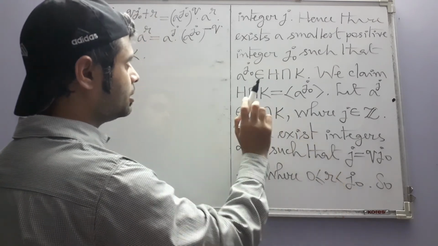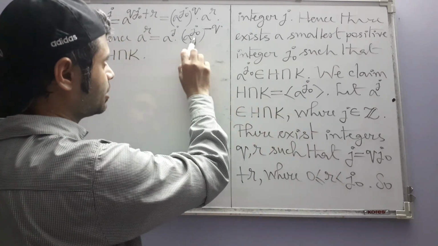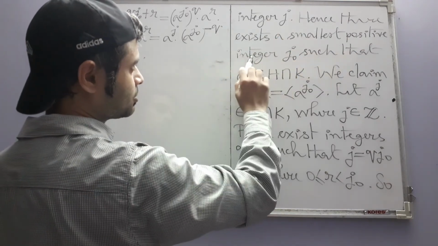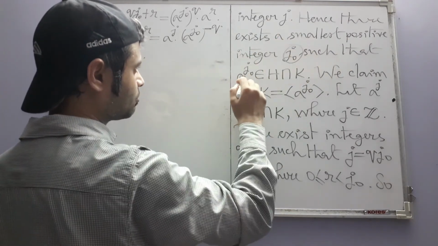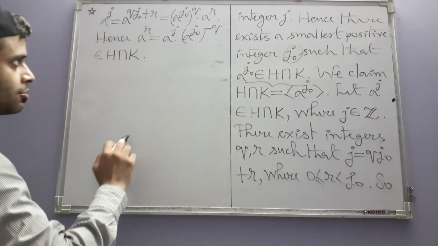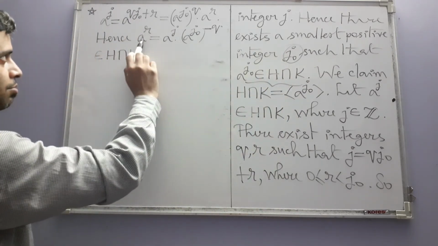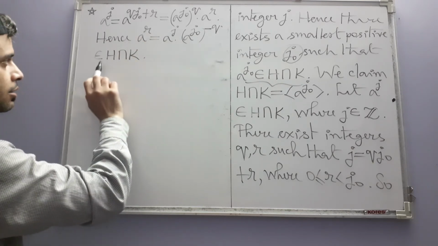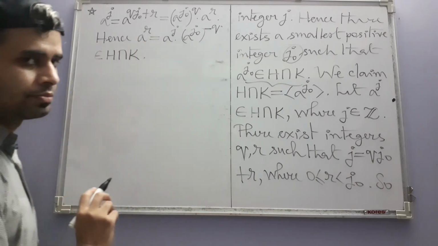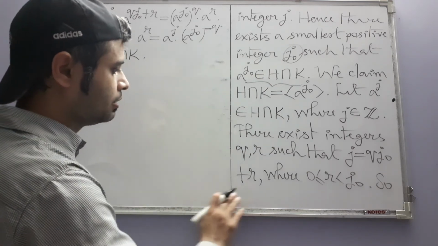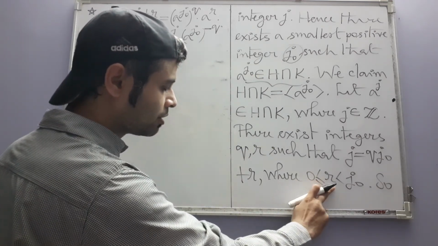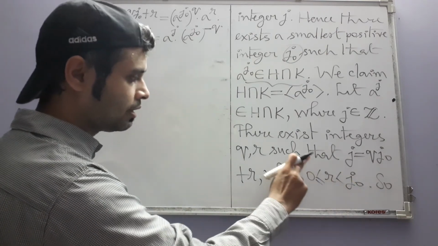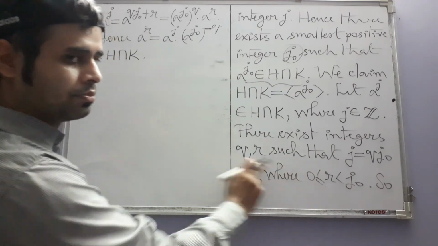But this contradicts the minimal nature of j naught. There exists a smallest positive integer j naught for which this thing will happen, so for no smaller positive power of a should the same thing happen. That is why, because r is already smaller than j naught, it cannot be positive. It has to be equal to 0.